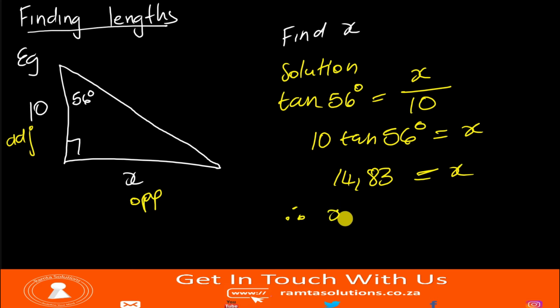Therefore, x equals 14.83 units. Even if you leave it like this, it's okay. Of course, if you round it off to the nearest whole number, it is 15. But since that's not what you would normally do in the exam, let's leave it as 14.83.